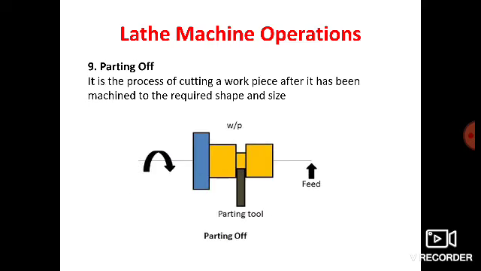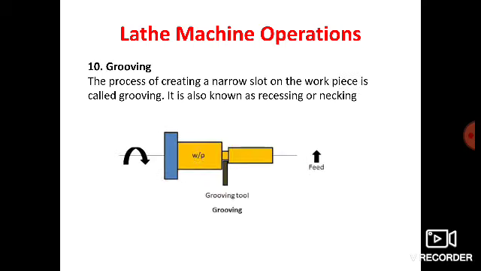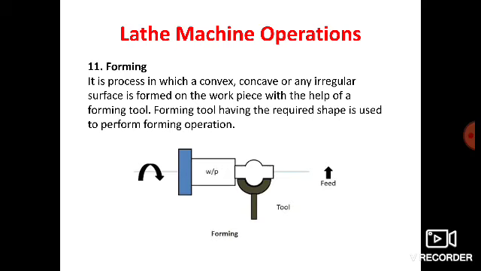Then parting off, to break the workpiece in two pieces, we can use a parting off tool. Then grooving, so we can produce a narrow neck over the surface of the workpiece by using grooving tool. Then forming, so to get any kind of shape over the workpiece, we can use a forming tool, and that forming tool will have the same shape which is desired.